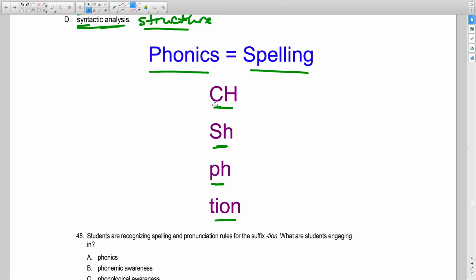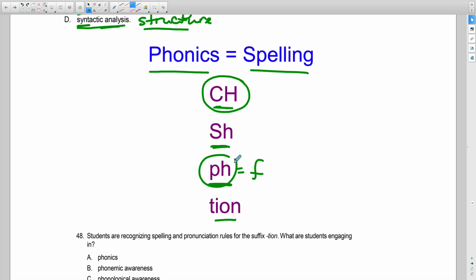Now, CH is not k, h, right? CH is ch. And we know that because we have a certain rule attached to these two letters connected to each other. That's phonics. Just like when we see SH, we know to think sh. When we see PH, we're not saying p, h, we're saying f, like an F sound.